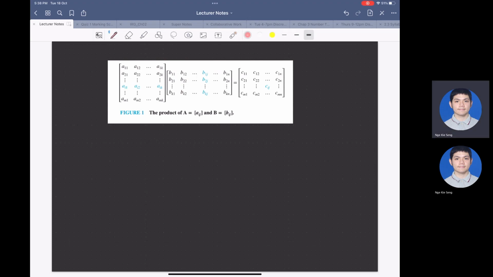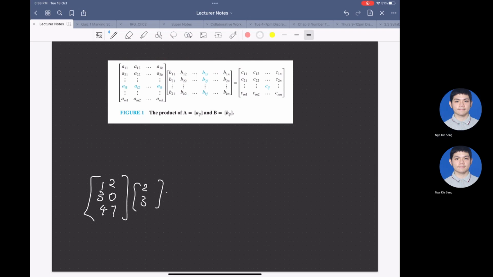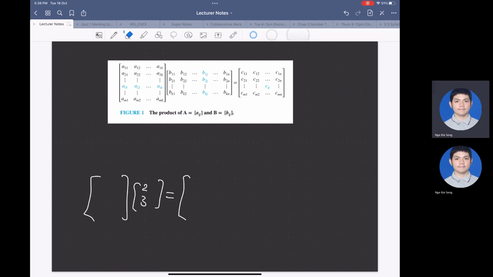Okay, for example, let me show you this to really click into your mind. What's this matrix here? This is actually a 3 by 2 matrix. This is a 2 by 1 matrix.